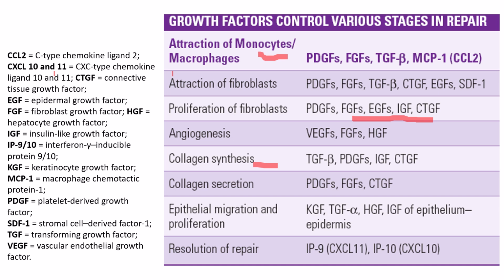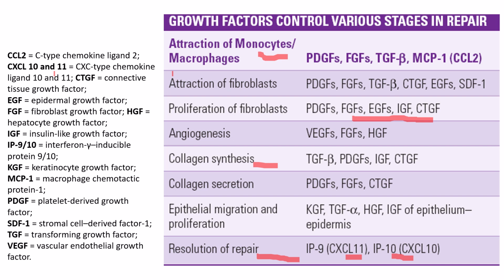Then for the resolution and healing, the gamma interferon inducible protein or CXC type chemokine ligand 10 and 11, or gamma interferon inducible protein 10. So IP10 and IP9 are responsible for resolution of the repair.